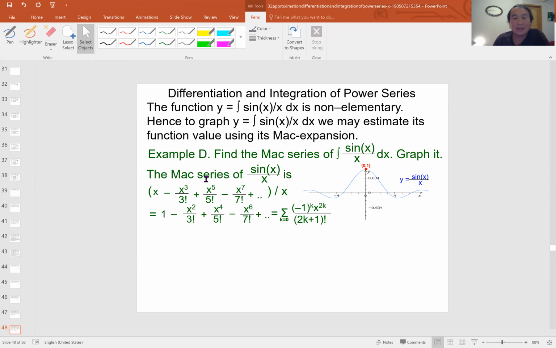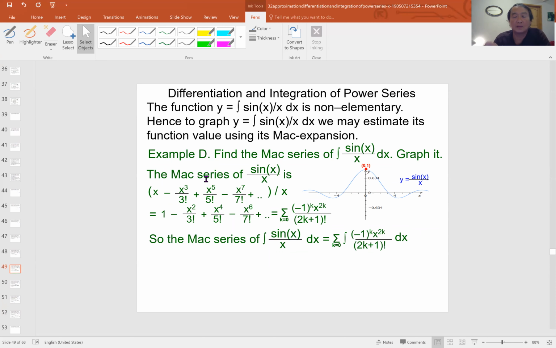So integrate that. I can integrate term by term. It's the same as integrating this power series. I pull the coefficients out and add 1 to the powers, which is 2k plus 1, and divide by 2k plus 1. That's the integral of these dx, and the rest you just pull out.